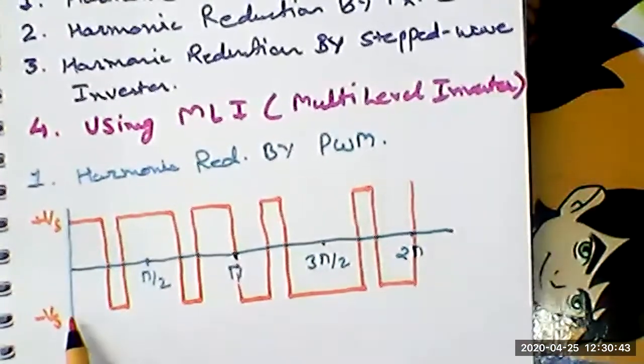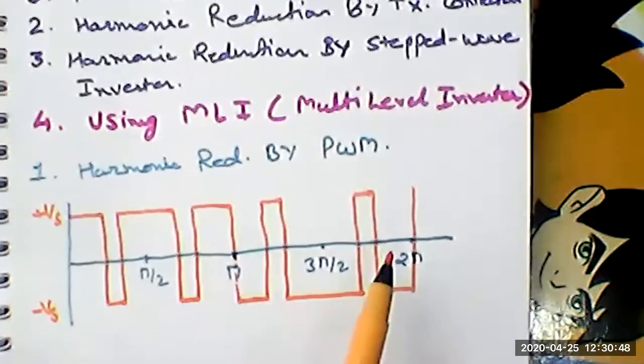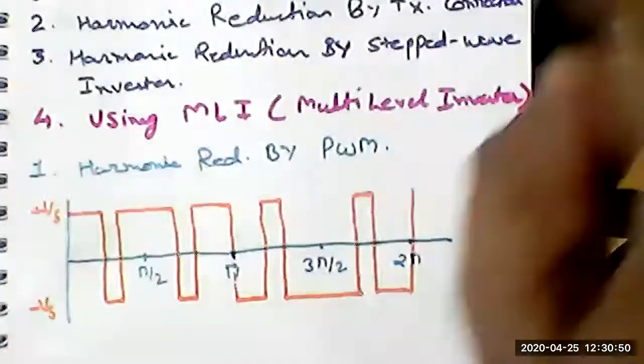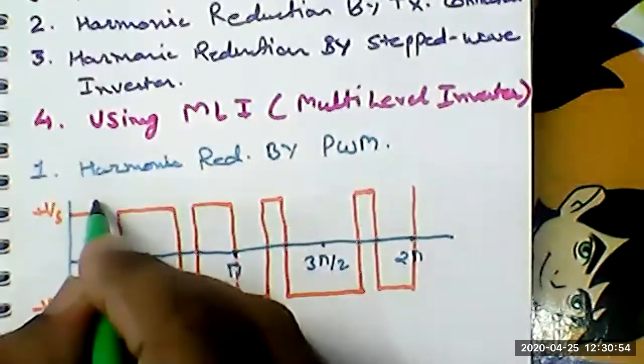I have drawn a complete cycle starting from 0 to 2 pi, and let us see how much switching we are doing.